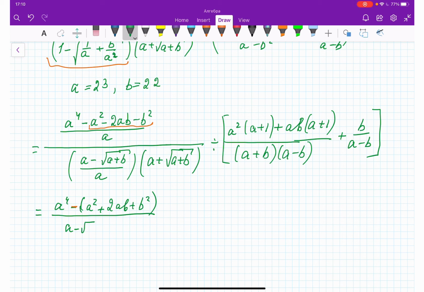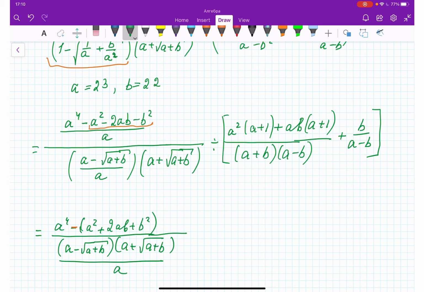a minus square root ab, a plus b, a plus square root of a plus b. Do you see here the a squared minus b squared formula? And divided by a. Oops, I forgot this one. Okay, let me fix it. In the numerator, I forgot to divide by a. Hold on.